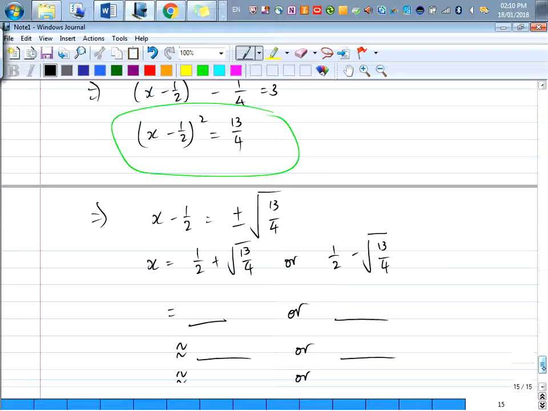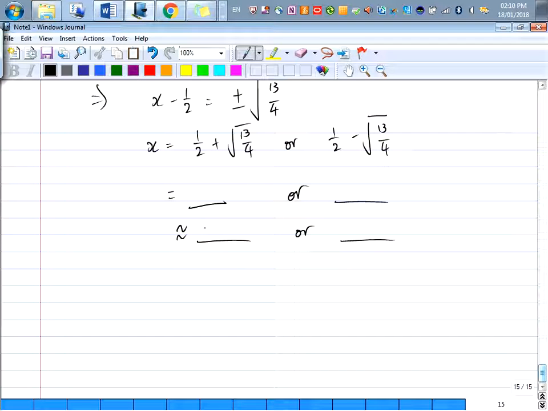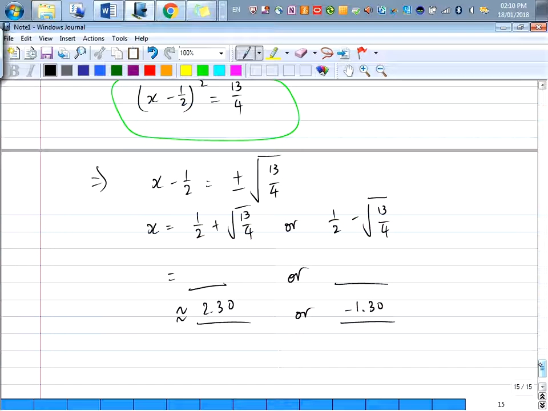Your final answer should be 2.30 or negative 1.30. Okay? Any questions? So this is the application of using completing the square to solve an equation. Okay? Everything else is the same already. Can? Last 5 minutes, I want you to try it 11.